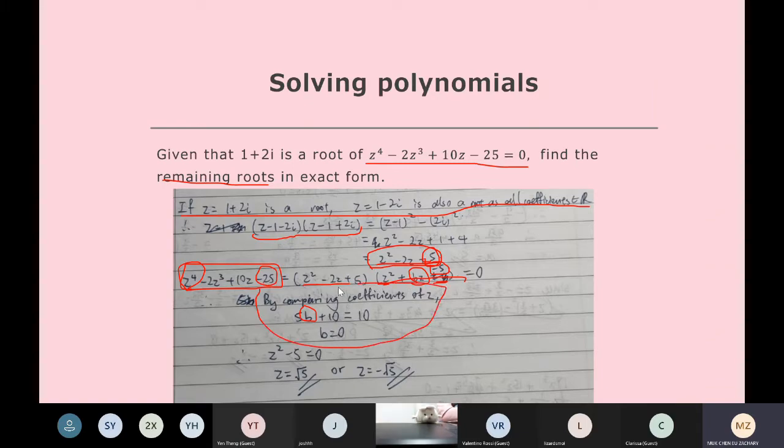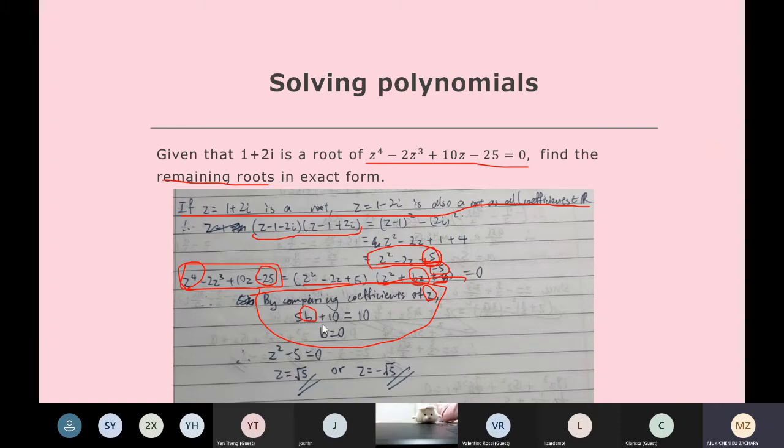So this is a secondary school method. I believe all of you should know how to do this. You compare the coefficients of one of the variables, or one of the terms inside the power of 4 equation. So for me, I chose z, because you won't need to do that many multiplications just to find out what b is.